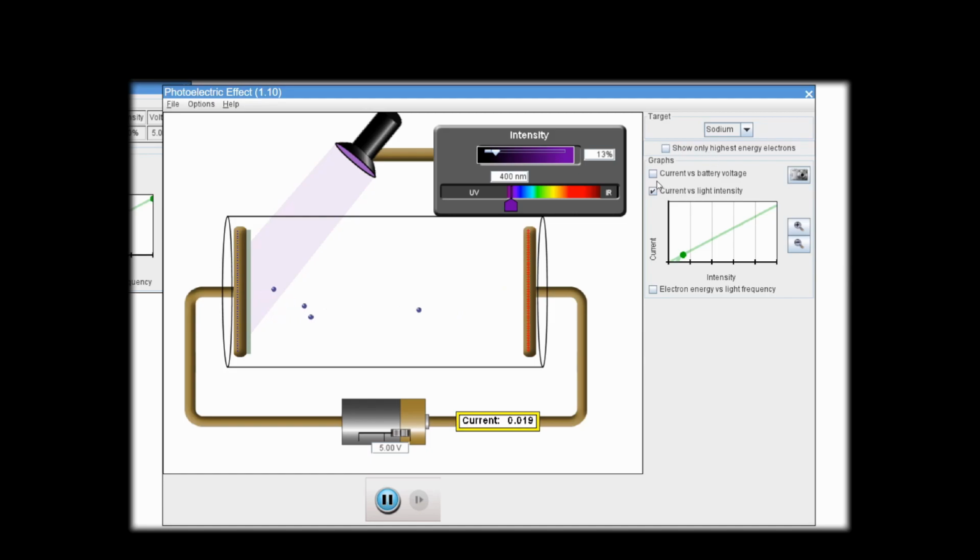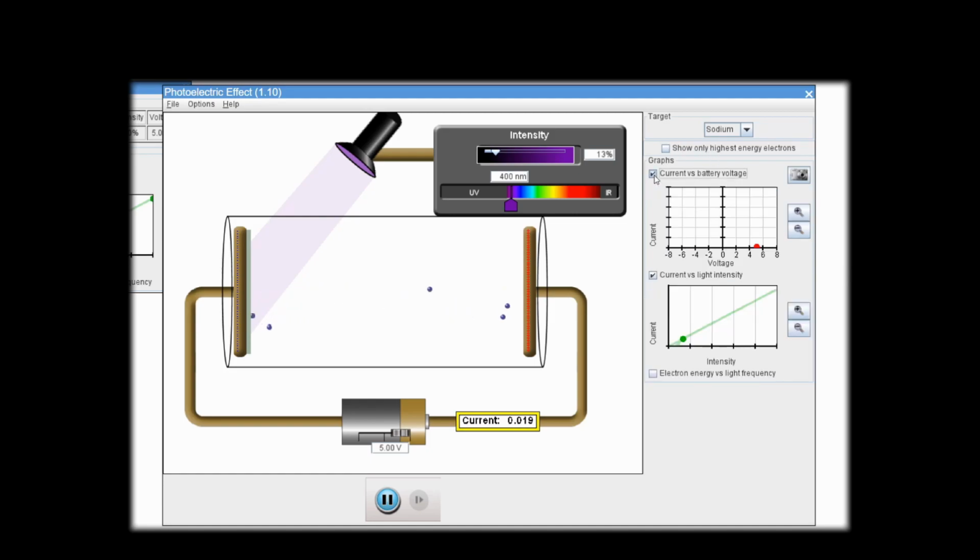Now we see the variation of current with potential difference. So we are keeping the intensity and frequency constant. Now we are varying the potential. We are increasing the potential from zero to some positive value on the photocathode, as you see in the laboratory experiment.